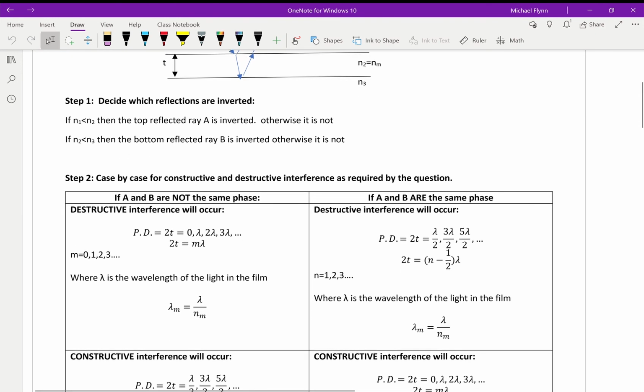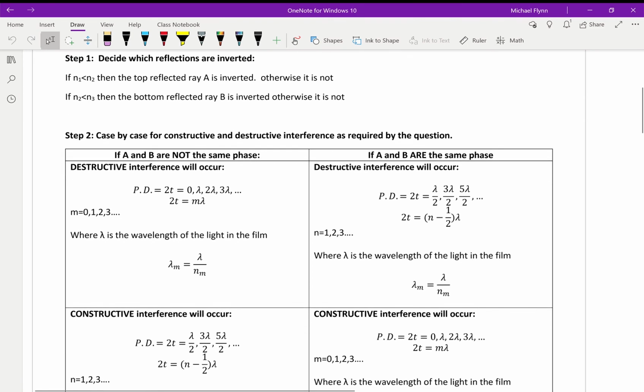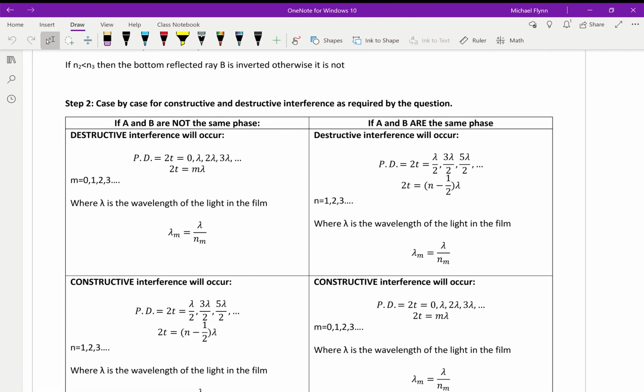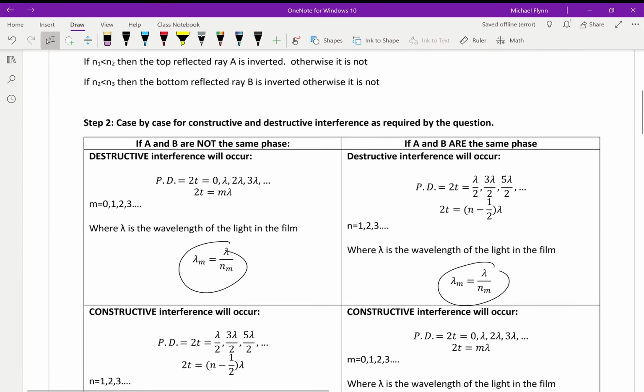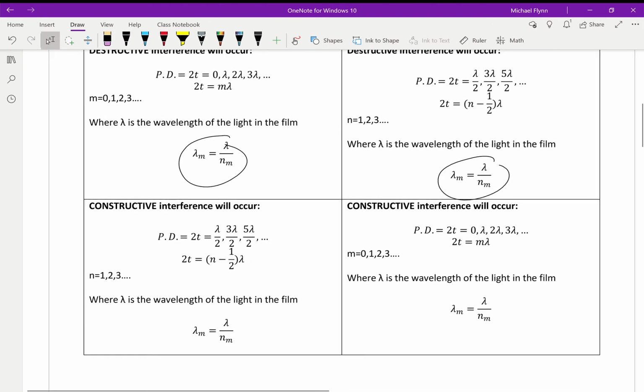Now I sort of changed step 2 here. I integrated step 2 and step 3. So here you can see that was step 2 normally. You can see it there also. So I've broken it down into tables, into sort of columns for you. If A and B are not the same phase, so if one is inverted and the other one isn't, then these are your cases for constructive and destructive interference.